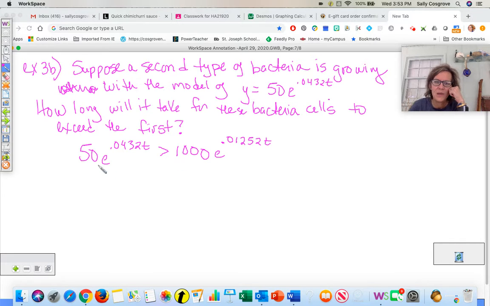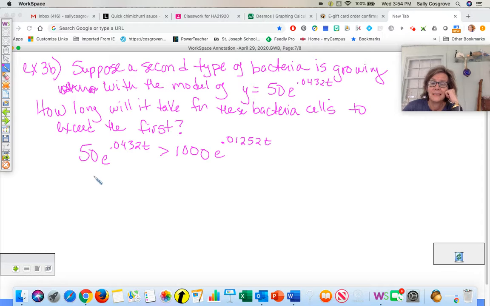All right. So when is this going to be bigger than that? And we're like, we haven't done a problem like this. You're right. We haven't until now. So it's pretty cool because scientists do this. They compare things, they change one thing at a time, they make observations, they collect data, they write it all down. But we can do this problem because look, it only has one variable.